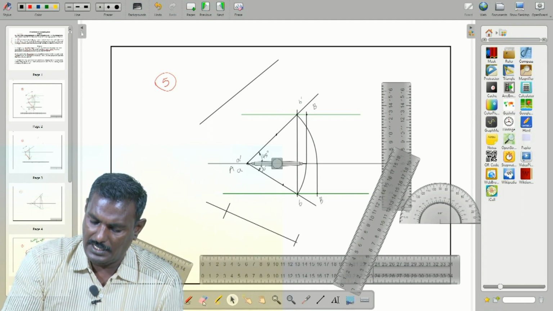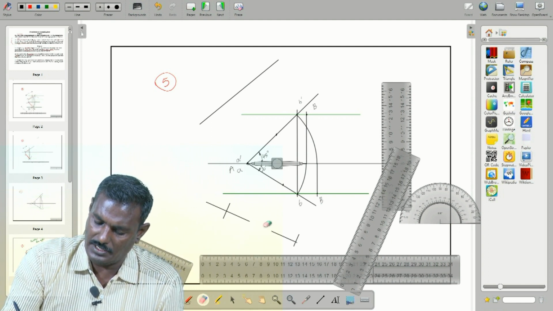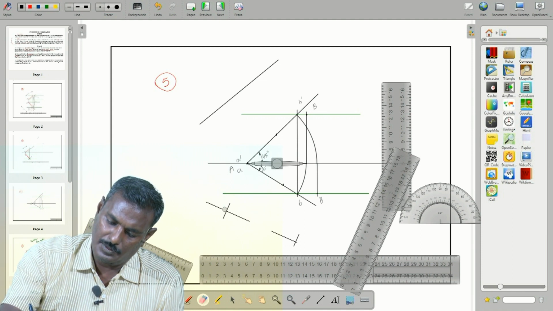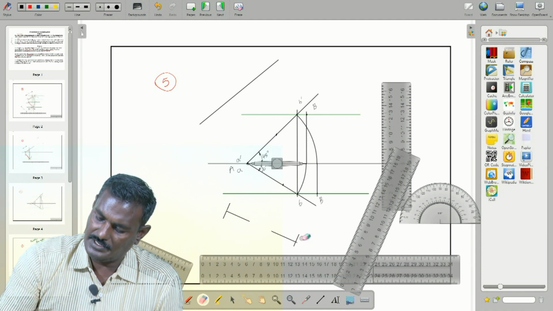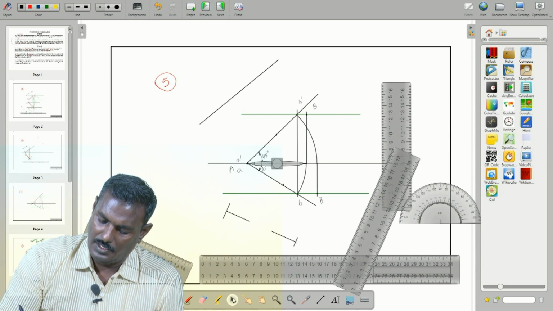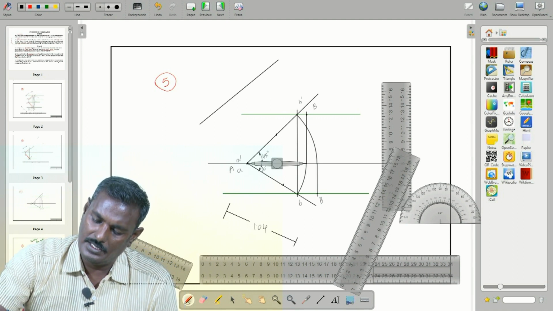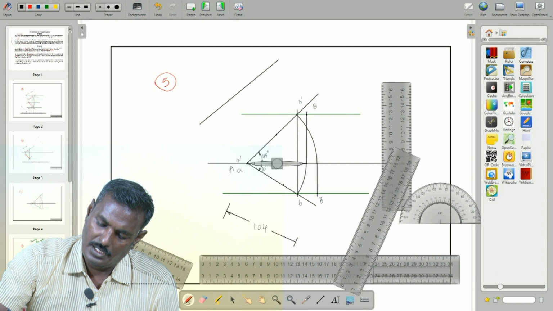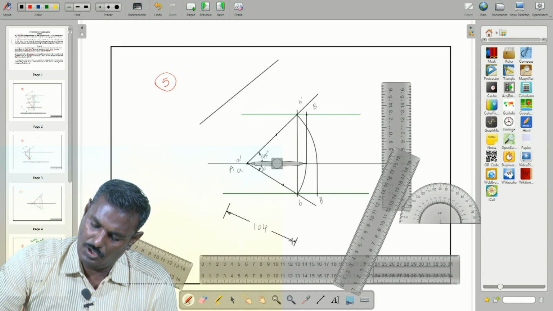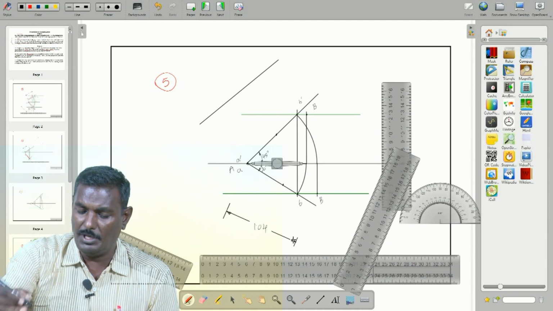I just erased the middle part, and the extended portions I just removed. Then I have to print here, so 104 mm. Okay, then draw arrowheads in similar fashion.